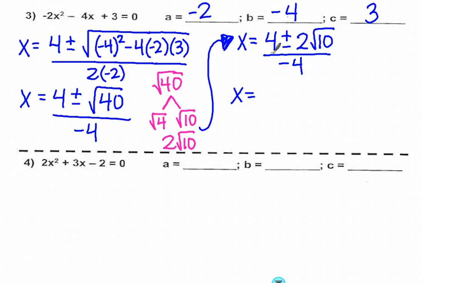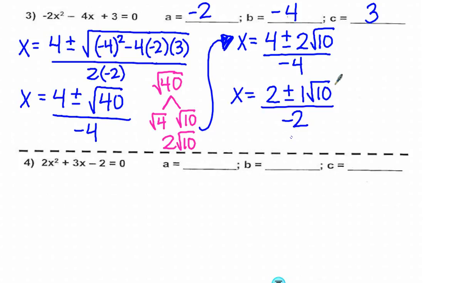So first, 4 divided by 2 is 2, plus or minus 2 divided by 2 is 1, and the square root of 10 is just left there. And then negative 4 divided by 2 is negative 2. In the future, you're going to learn that it's not usually okay to have a negative in your denominator like this, but for now it's going to be just fine, and this would be your final answer.